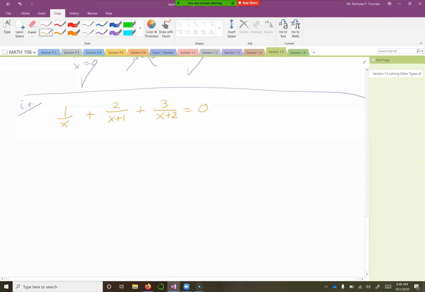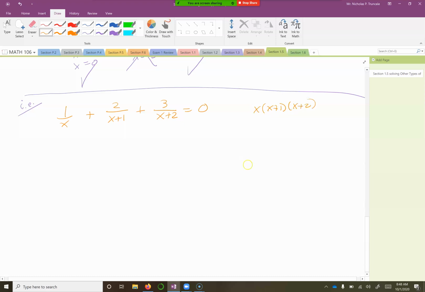Okay, so we want to find some expression to multiply this equation by to get rid of the fractions. I told you the easiest way was just to take the denominators, so x times x plus 1 times x plus 2. You just mishmash them together.